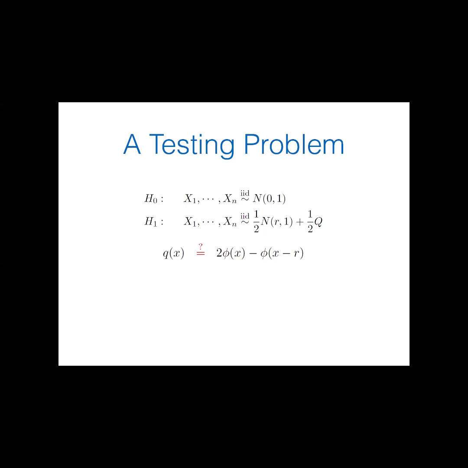The fix is actually quite simple. It is by the idea of truncation. So I'm not going to use this function for every value of x. I'm only going to use this function for x that is between this interval from negative t to t. Outside of the interval, I just take 0 as the density.